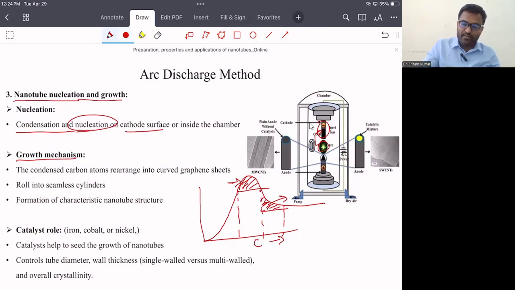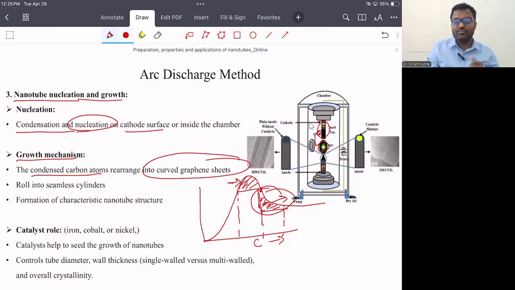Once we get the nucleation at this cathode material, thereafter we have the growth of the CNT on the surface. First, the carbon atoms rearrange to form a curved graphene sheet, and then it is rolled up to form the carbon tube.